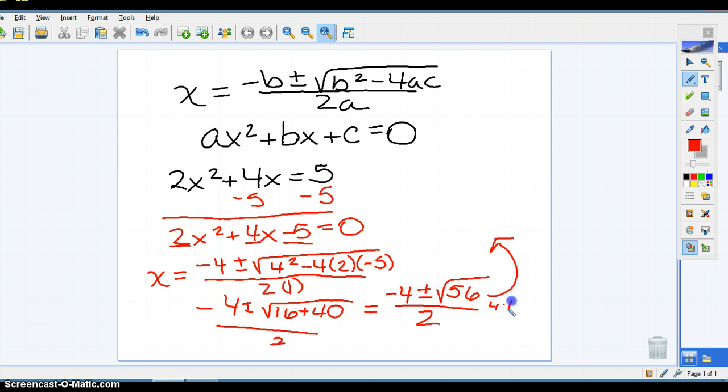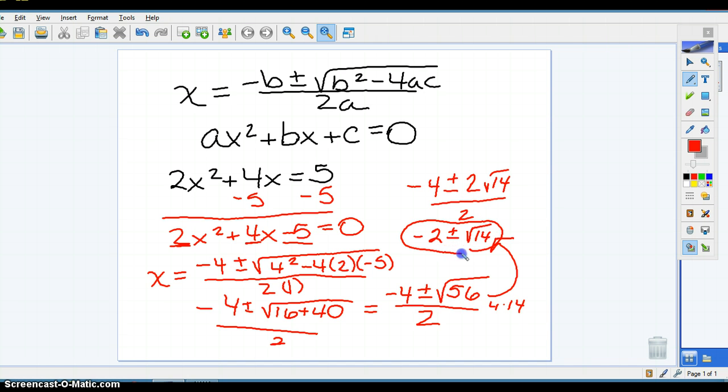So that can break down into negative 4 plus or minus 2 the square root of 14 all over 2. And then because this piece and this piece and this piece are all divisible by 2, the answer would then be negative 2 plus or minus the square root of 14.